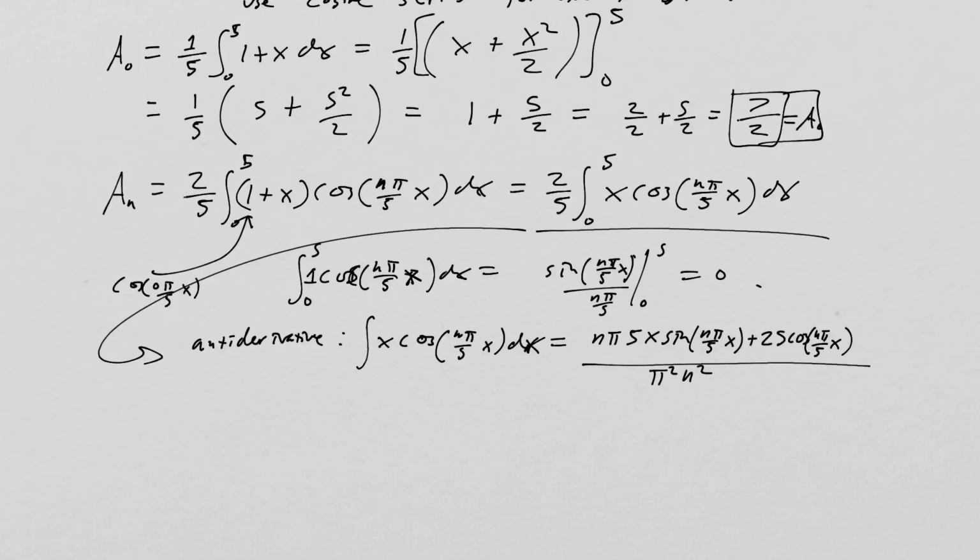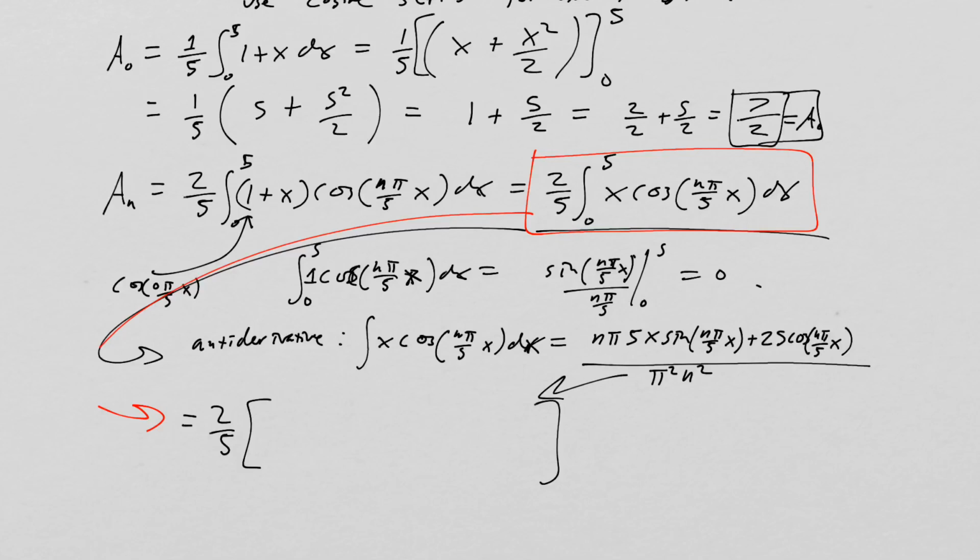All right, so when I compute this integral here, I'll put it over here. That's going to equal 2/5, and we're going to evaluate that expression here. But note that the sine term, when I evaluate it at 0 and 5, is going to disappear. So what I'm going to do is just write down 5 squared times cosine of n pi over 5 x, all over pi n squared, and we're going to evaluate that from 0 to 5.